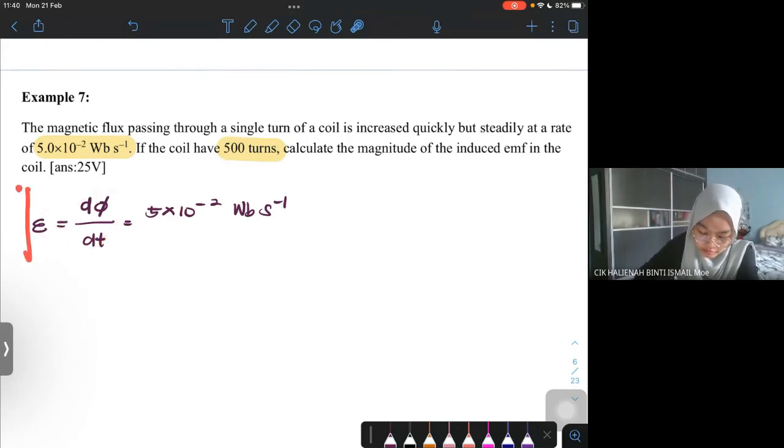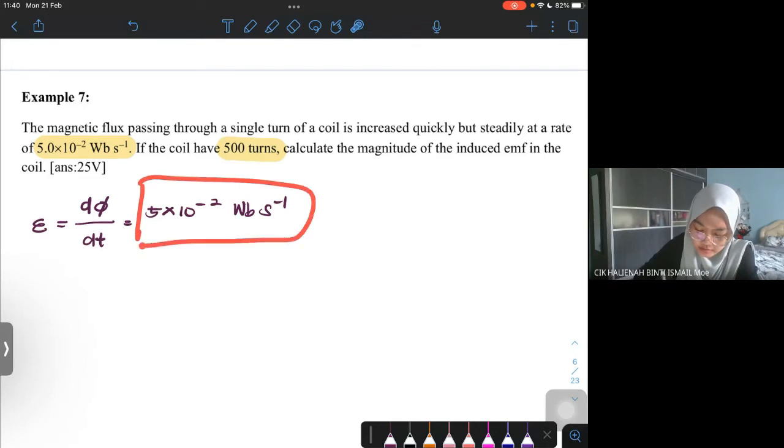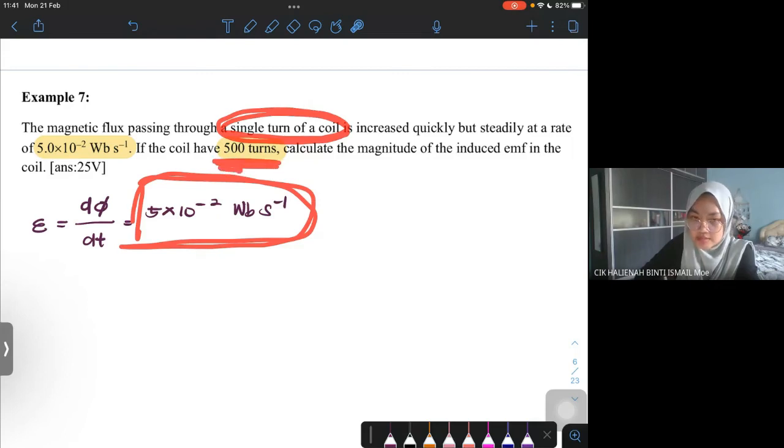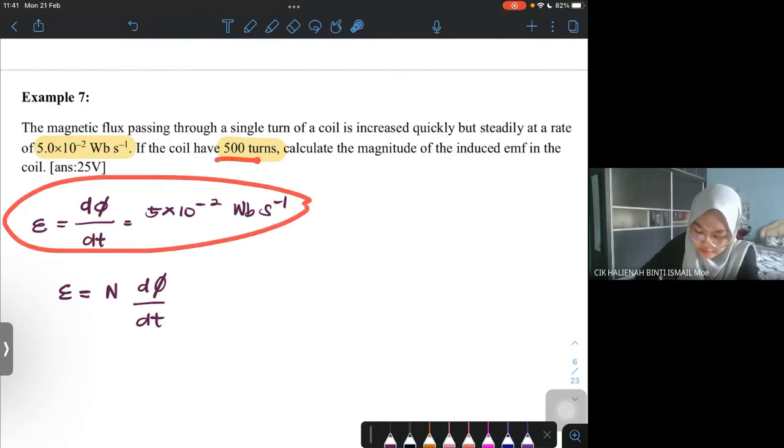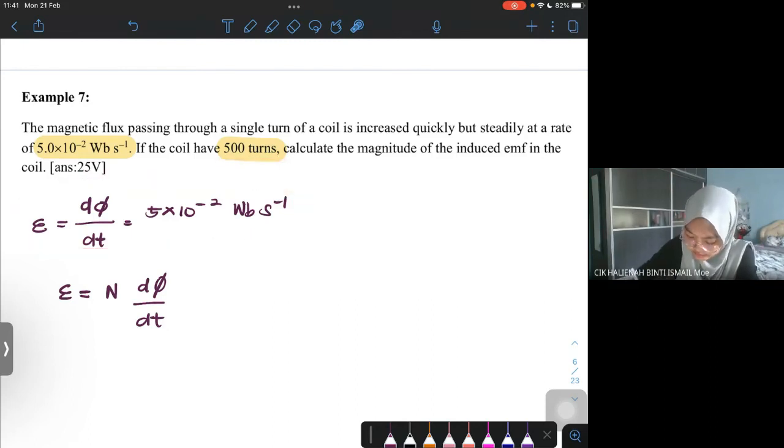Okay, so in this soalan, this number represent for a single turn of coil only. Now we have 500 turns. Kalau kita ada 500 turns, we just darab sahaja dengan number of turn. This one for single turn, now we have 500 turns, you just darab dengan 500. It's very simple.